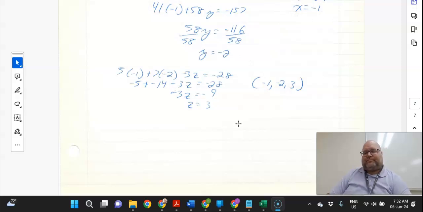So our three independent planes intersect at a common point, negative 1, negative 2, 3.